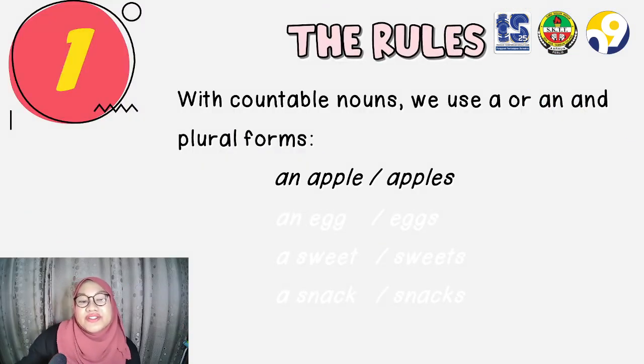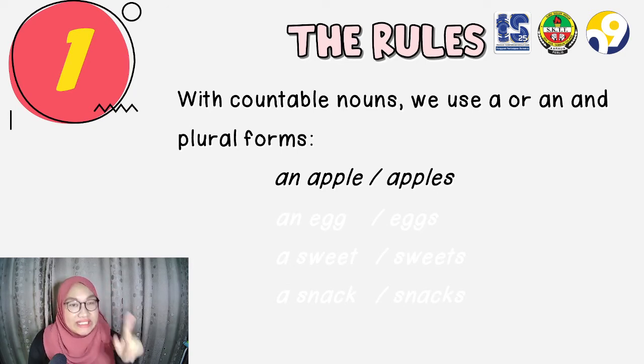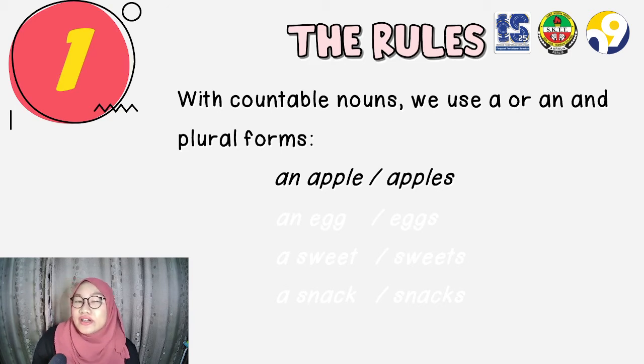Now, moving on to the rules of countable and uncountable noun. With countable noun, you can use a and an, the article a and an, which refers to one. And also, you can use the plural form, whereby you add s.